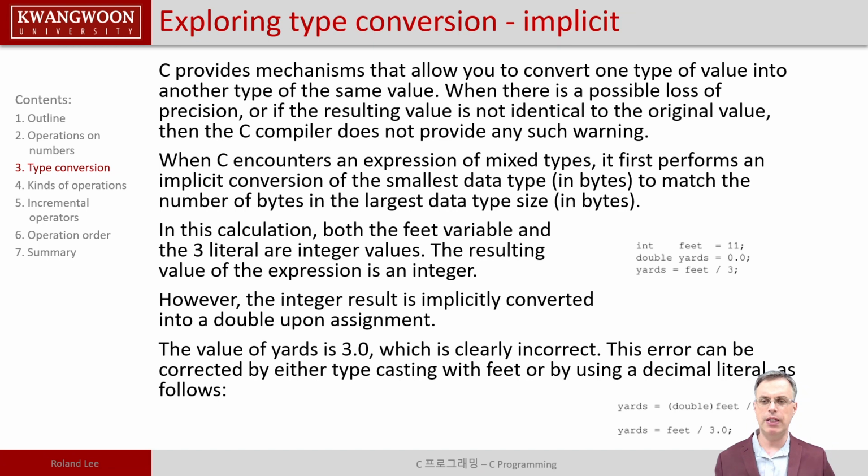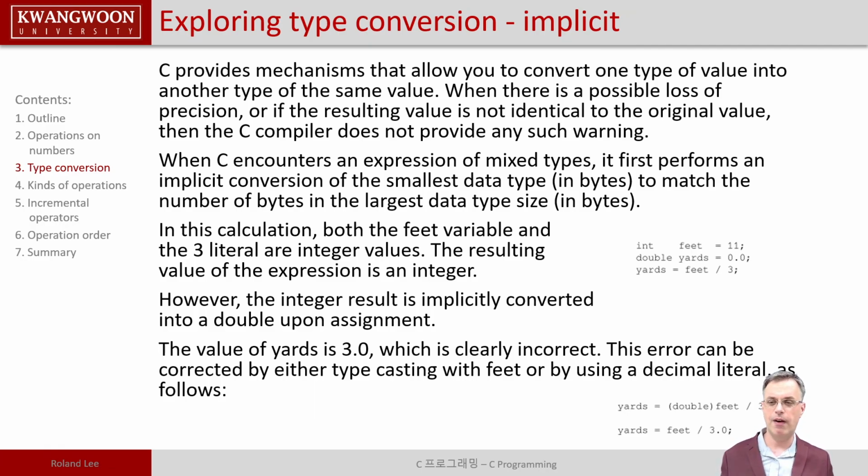The resulting value of the expression is an integer. However, the integer result is implicitly converted into double upon assignment. The value of yards is 3.0, which is clearly incorrect.